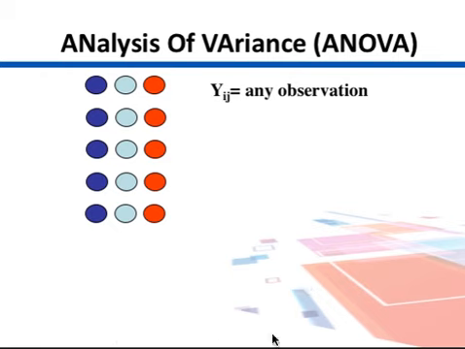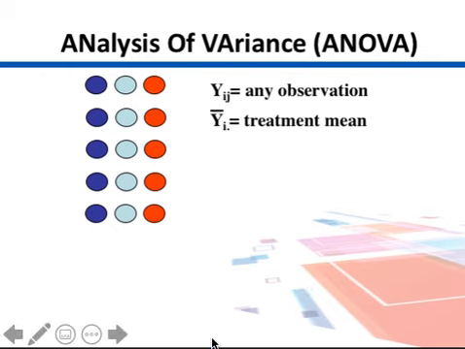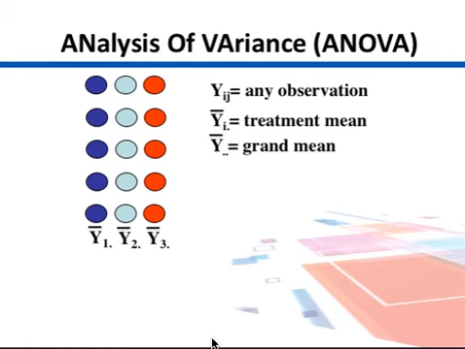Again we repeat: Yij is any observation, Y bar i dot is the treatment mean, and Y bar dot dot is the grand mean.